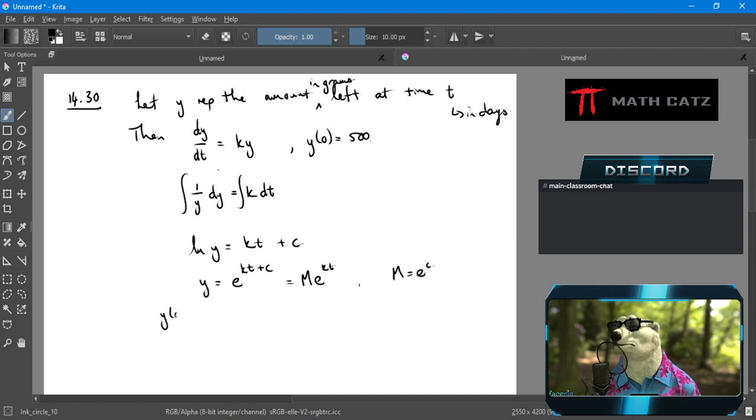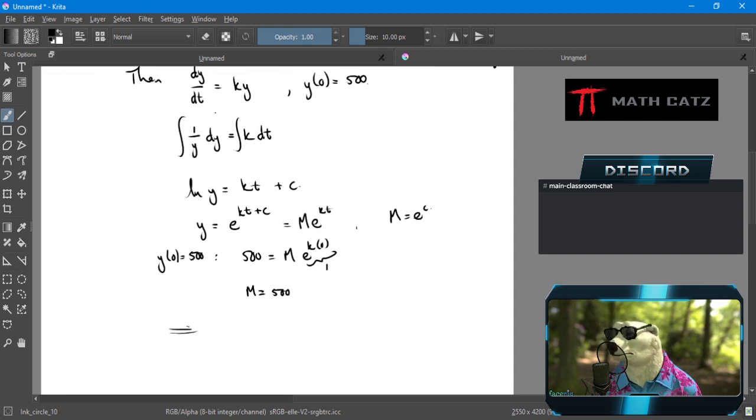Then I use my initial condition to find that if I plug in 500 for y, e to the k times 0 is 1, so m is 500, and therefore my function is 500 e to the kt, big surprise. We've seen this before, it's always the same if I start with the same differential equation, which I do.